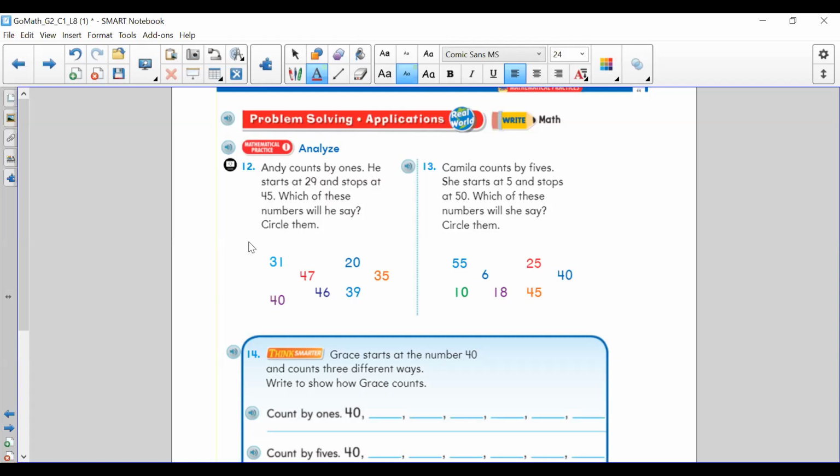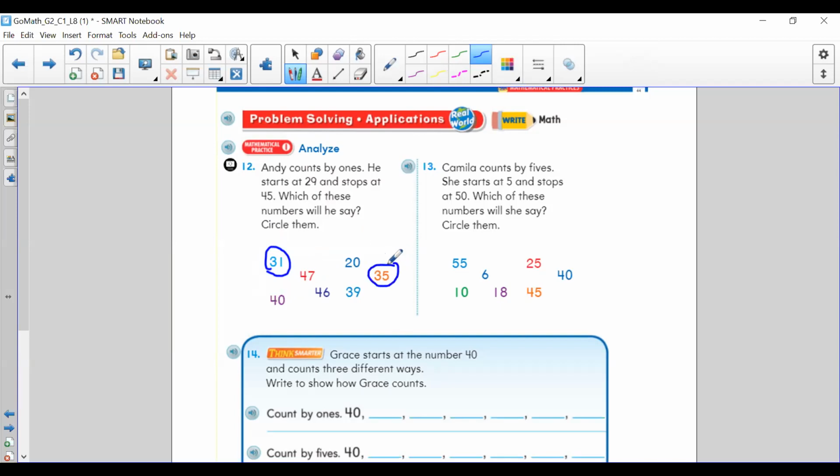29, 30, 31. Oh, I see 31. 32, 33, 34, 35. Oh, we see a 35. 36. Remember, we have to stop at 45. 36, 37, 38, 39.